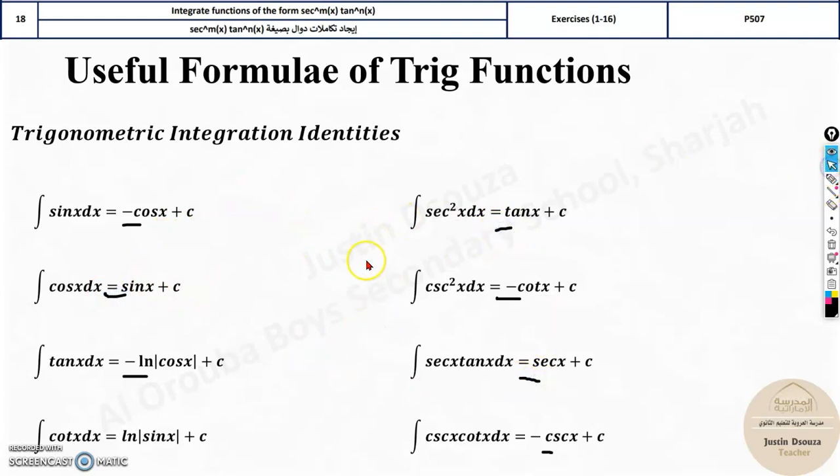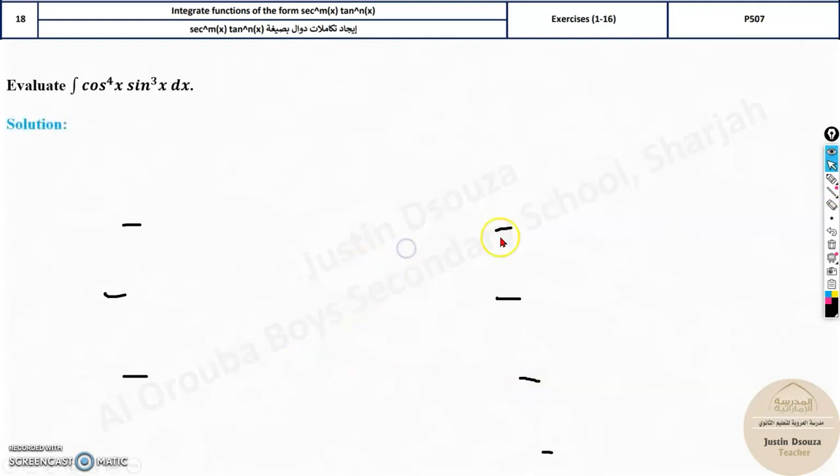Now then, we will quickly dive into this problem. Over here we have: evaluate cos to the power 4x sine cube x dx. There is no direct substitution, there is no formula, so you need to use substitution. You need to choose the appropriate value. Now you can see there are two functions.